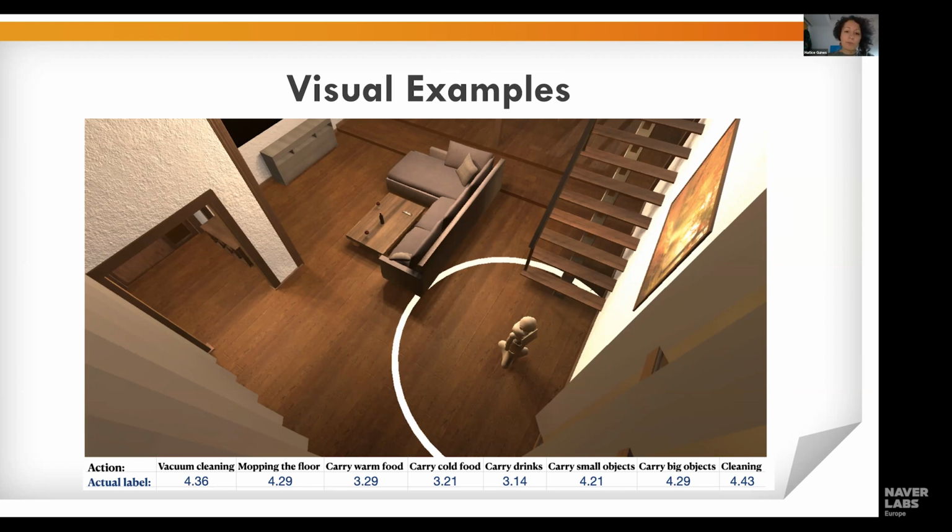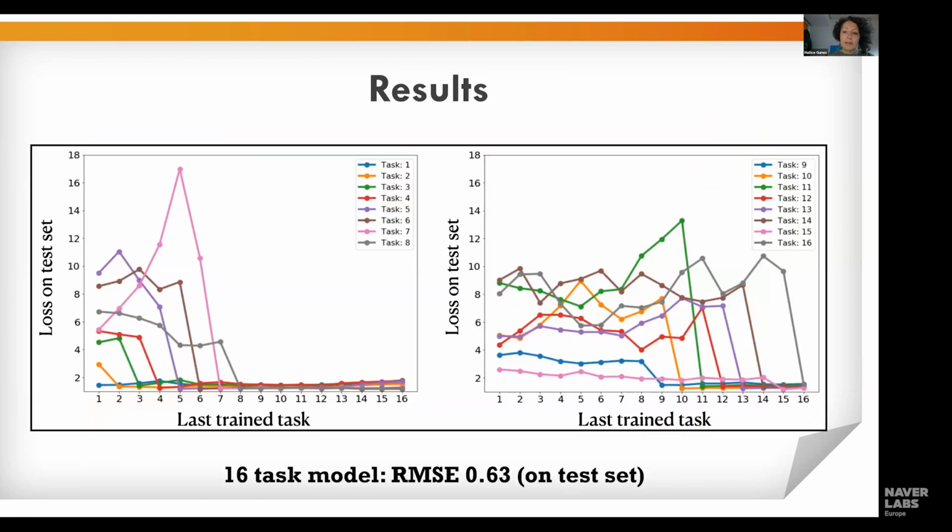So we wanted to do some continual learning experiments with Bayesian neural networks. And here we plot the loss. We approach each of the actions that I presented, the 16 actions, as different tasks. So you see the loss on each action as root mean square error of the predicted appropriateness.